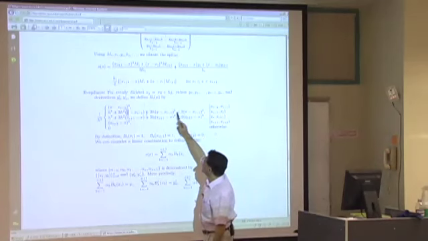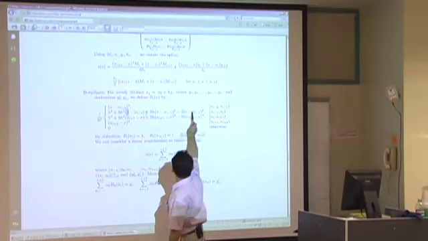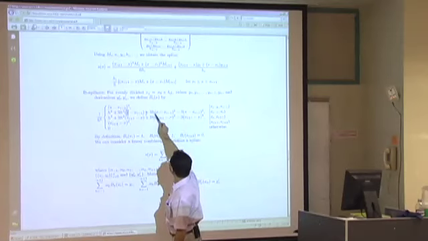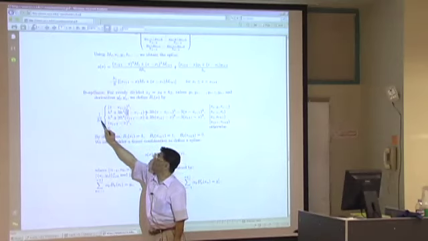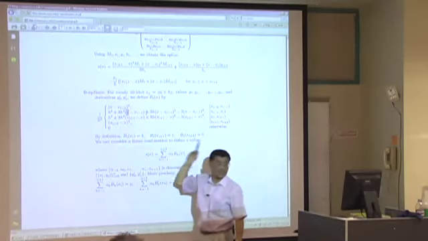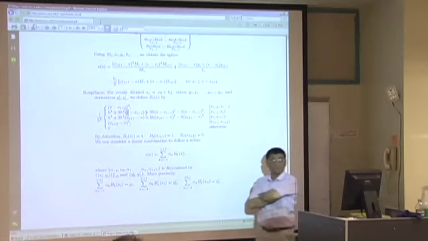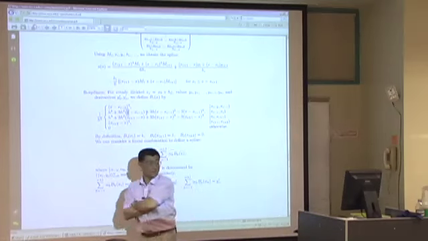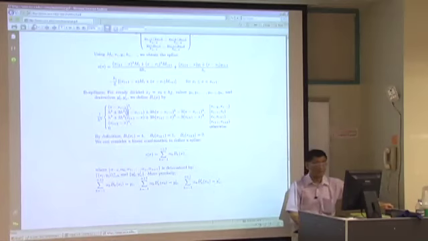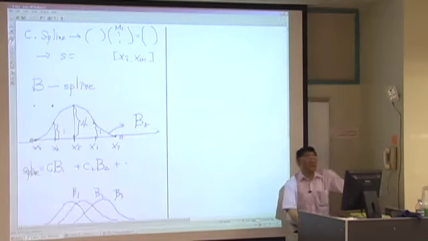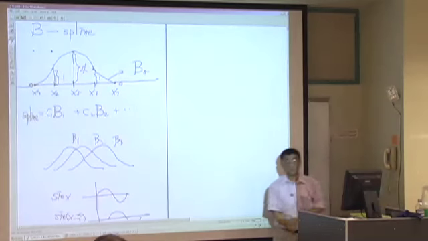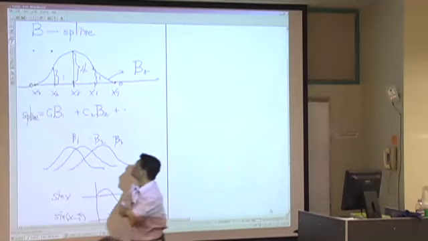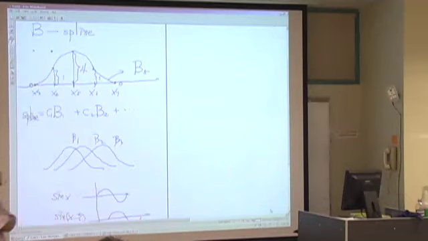So h cubed, h squared, the 3 and minus cancel out, and then h, and then 4h cubed divided by h cubed gives 4. I'm just examining the height. So this is the B-spline that we define. Of course, you may define it differently, but the B-spline is defined this way in the first place. So these are B-splines. Please browse these things and ask questions.